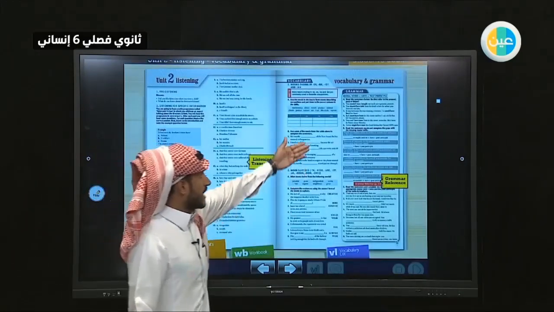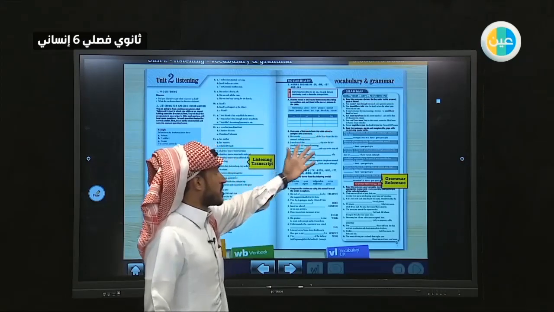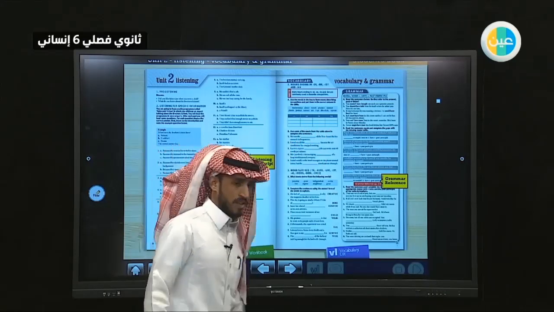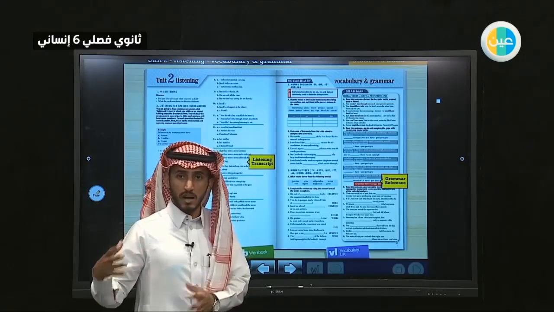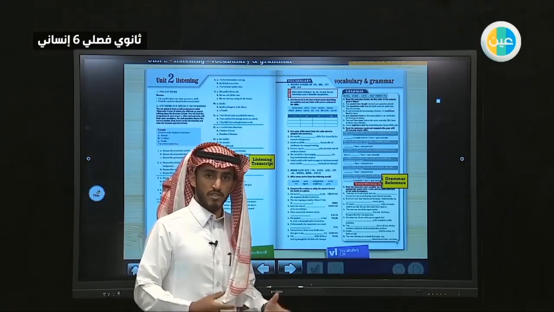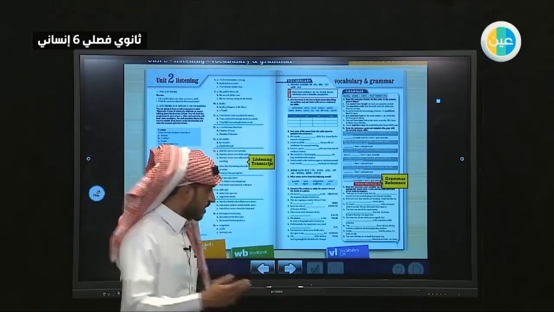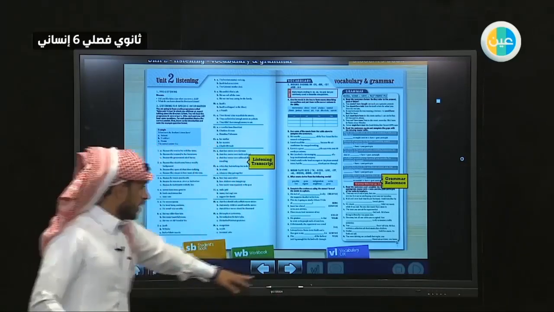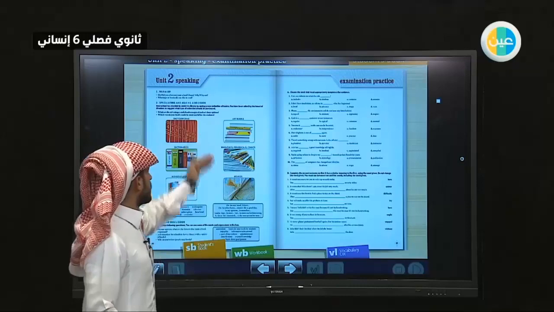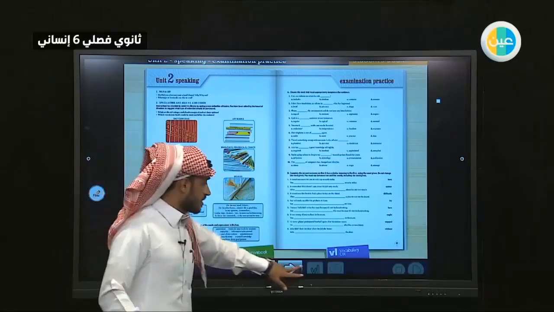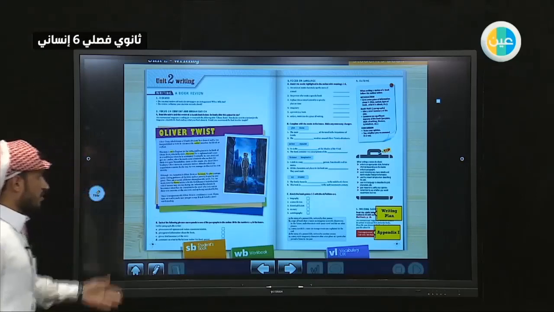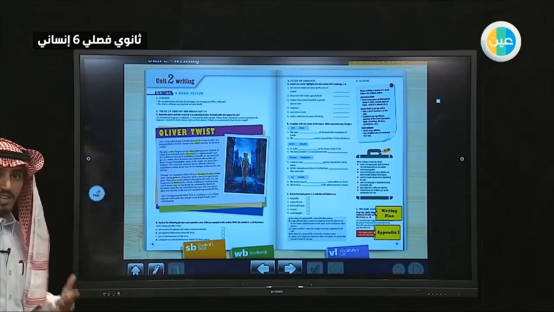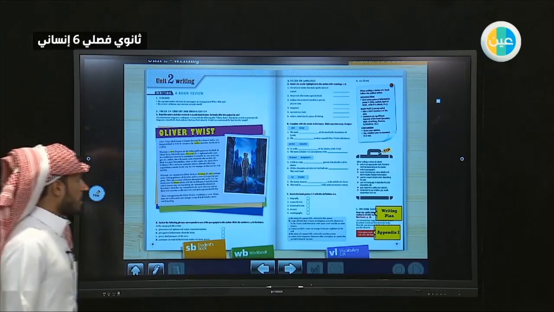After that we had a grammar lesson about the modal verbs plus have and plus past participle, like saying you should have come to the school early, you shouldn't have told your brother about this, and so on. After that we had a speaking lesson, then the writing part where we talked about writing a book review.